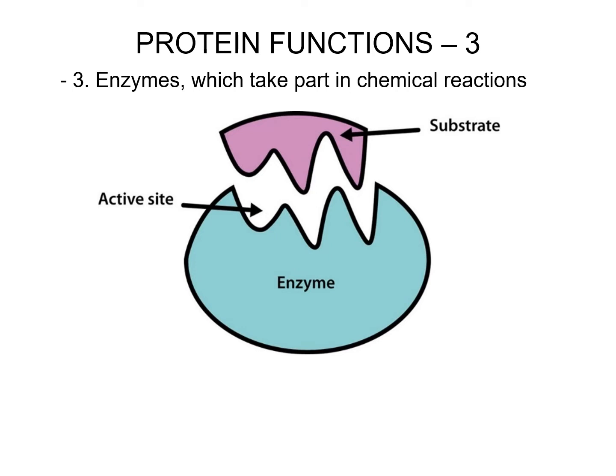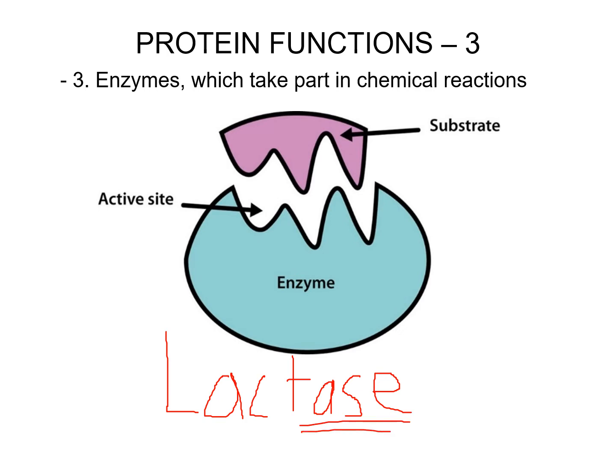And a perfect example of an enzyme is lactase, because most of us have heard of the sugar in milk, yogurt, cheese, kind of dairy products, lactose. Right? Some of us listening to this video may even be lactose intolerant, unfortunately. So lactase is an enzyme that helps you break down lactose, the sugar.